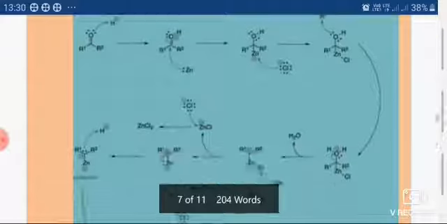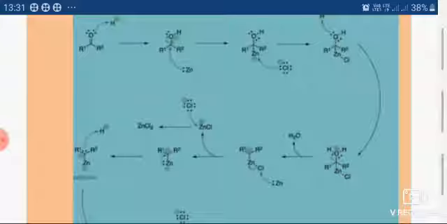In the next step, another proton from another HCl is abstracted by the lone pair of oxygen of the hydroxy group, and there is loss of a water molecule to form a new carbocation.